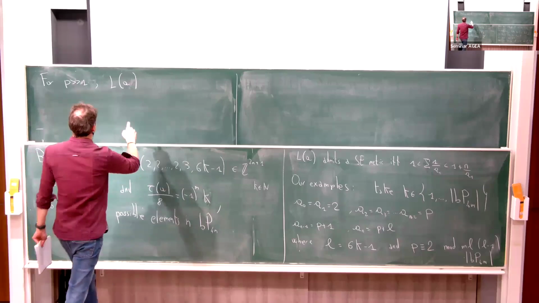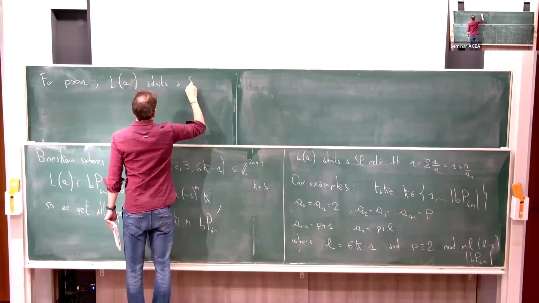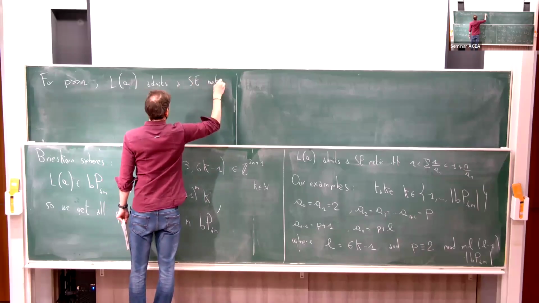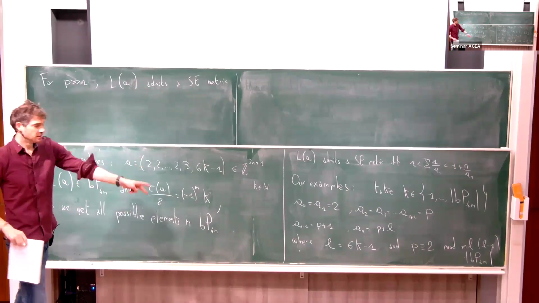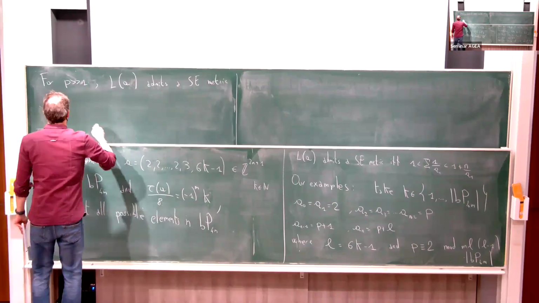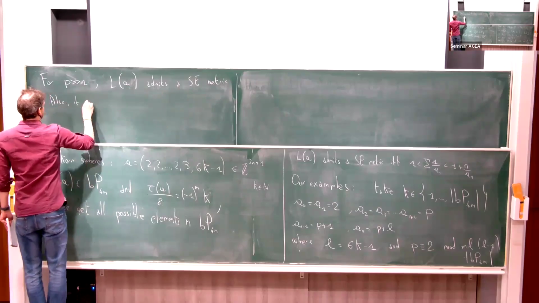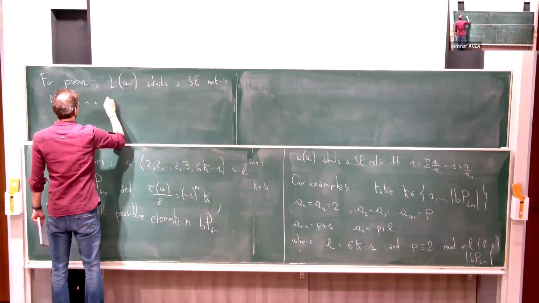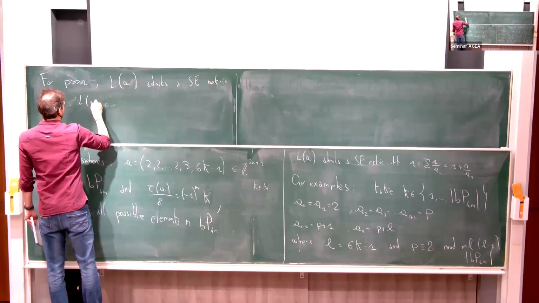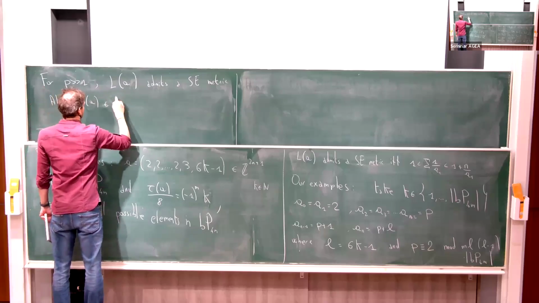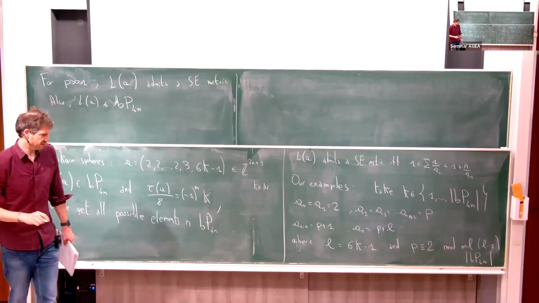So for p big enough, L_a admits a Sasaki-Einstein metric. Then it has two isolated points, so it is also a homotopy sphere, so it belongs to this group. So it's a homotopy sphere that bounds a parallelizable manifold.